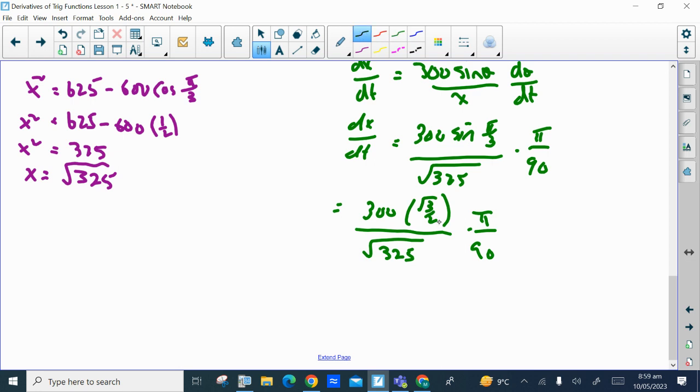So the 2 goes into the 300 150 times. And then we can divide the 150 and 90 both by 30. So that'll give us 5 up there and 3 down there. So what I have right now is 5 root 3 times pi over 3 root 325.